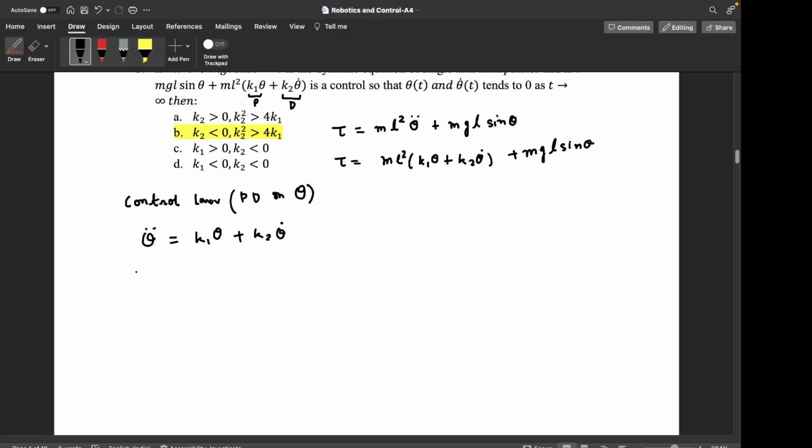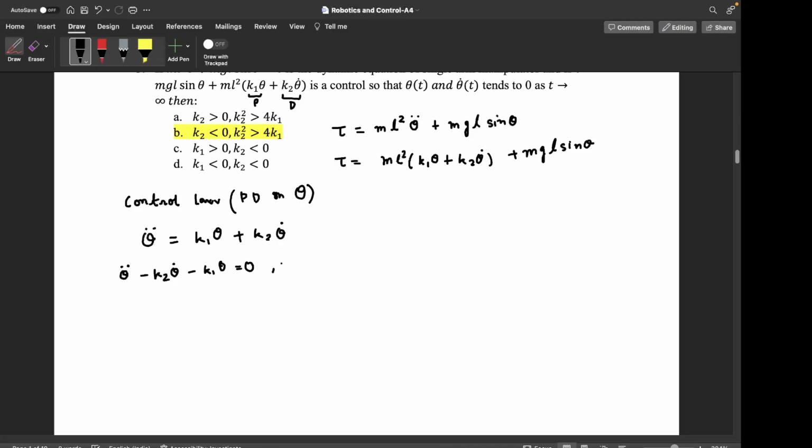Now we come to that familiar differential equation form, that theta double dot minus k2 theta dot minus k1 theta equal to 0, right?